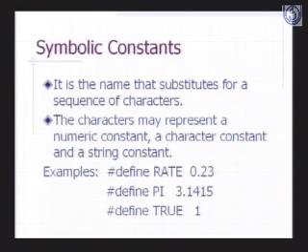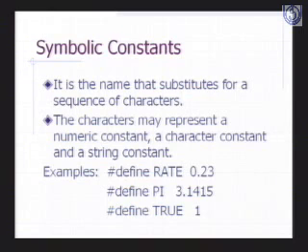Suppose we have a pi value to be inserted as 3.1415. Wherever it appears as pi, we have to substitute the value 3.1415. So this is a kind of substitution mechanism that we have in the C programming language, wherein we can associate a data value to a sequence of characters.